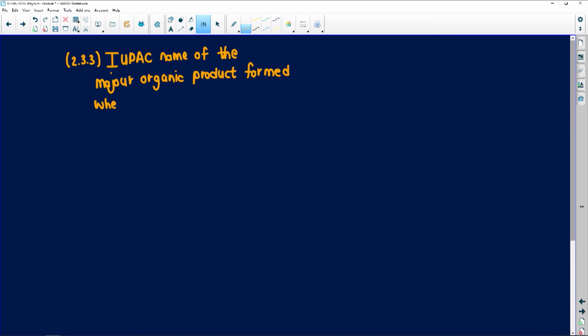And this is when this compound undergoes elimination. Okay. So I actually want to redraw it, guys, so that we know what we're talking about.